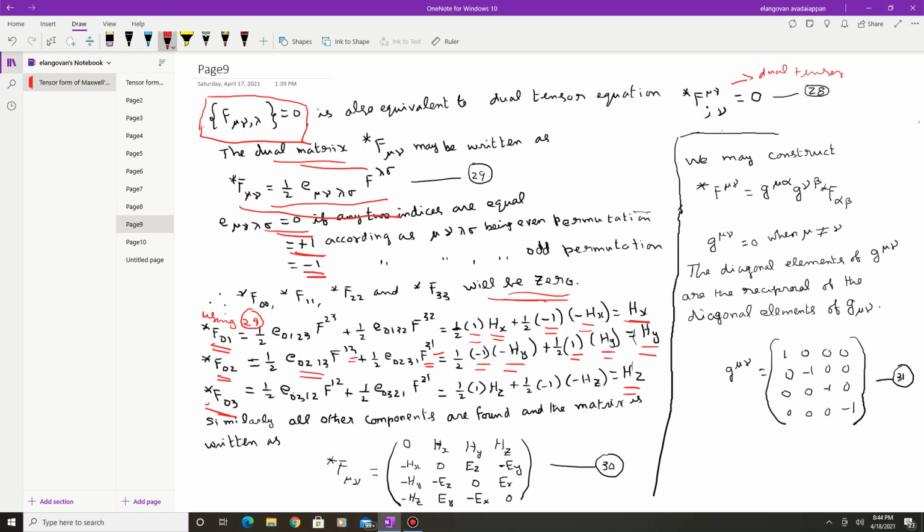Similarly all the other components are found for the matrix star F mu nu, the covariant components of the dual tensor. You write down all the components in matrix form, and this is equation 30, which gives the covariant components of the dual tensor.